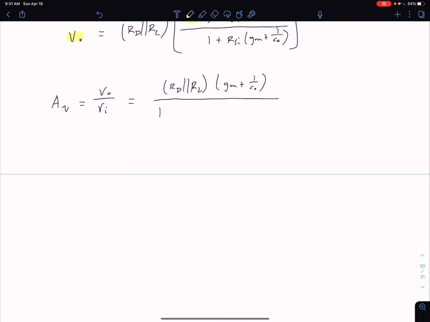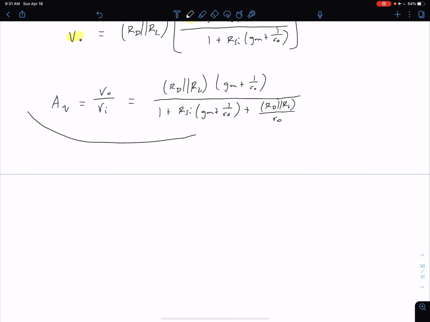And in the denominator, we're going to have 1 plus RSI times GM plus 1 over R naught plus, and now we have RD parallel RL divided by R naught.